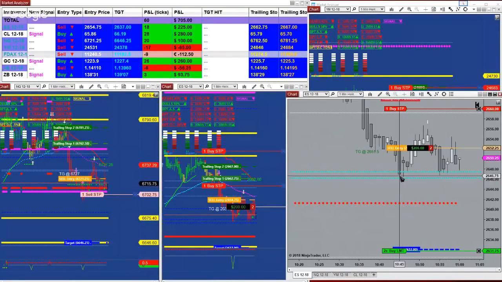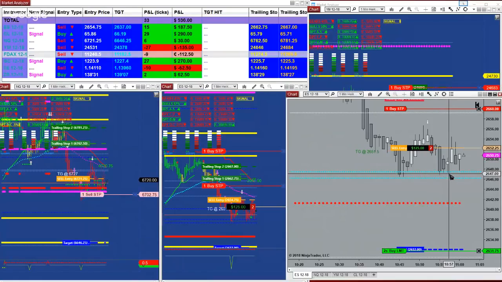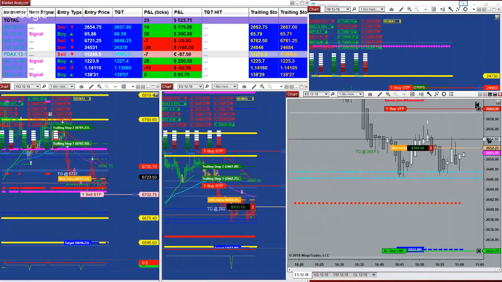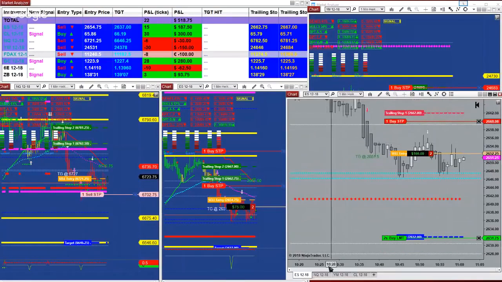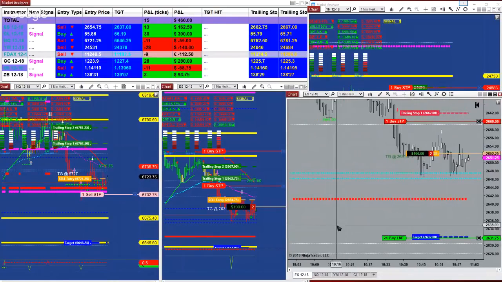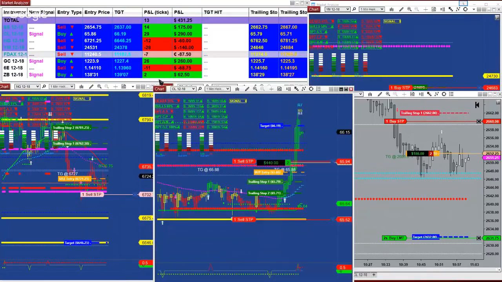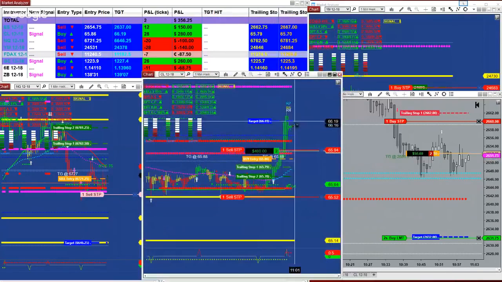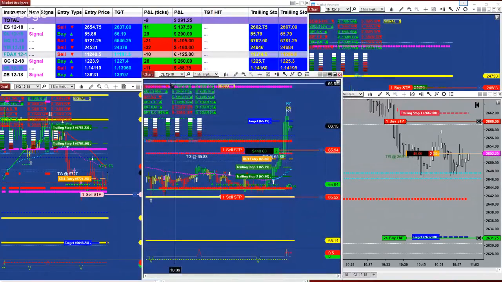And this ES is struggling to break this area here. There is nothing we can do with our power to push it, not unless one of you is able to put 1,000 contracts somewhere and push it down. But the CL has already hit the target.